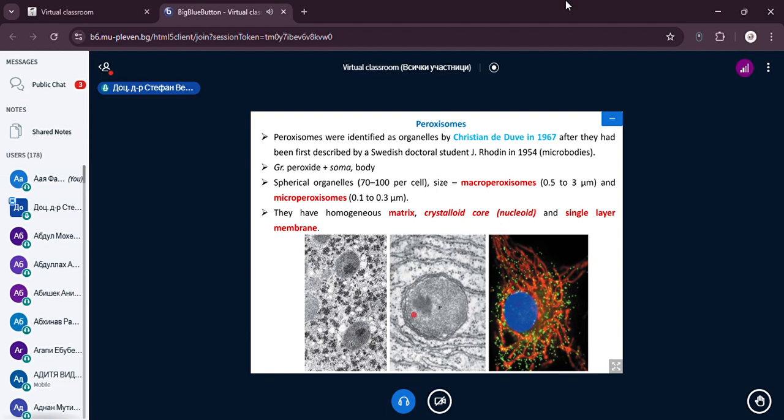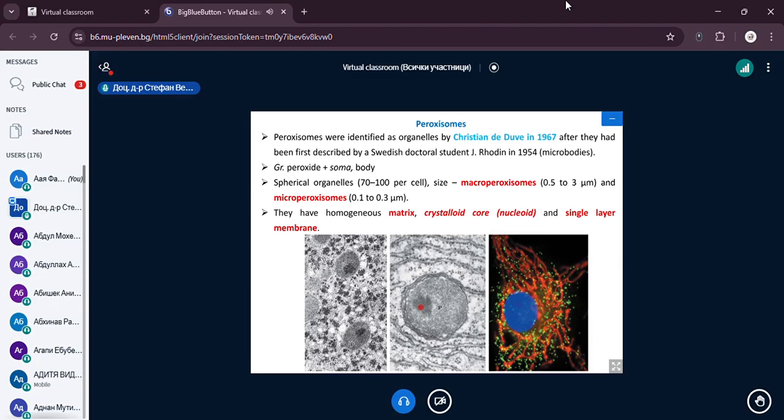These are spherical organelles, and usually one eukaryotic cell has between 70 and 100 peroxisomes. Of course, there are cells with more abundant peroxisomes, like liver cells, but on average, each cell has between 70 and 100 peroxisomes per cell.